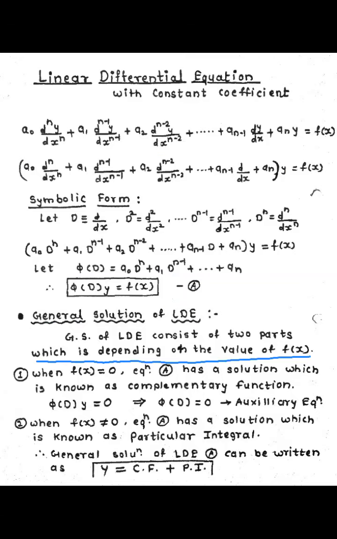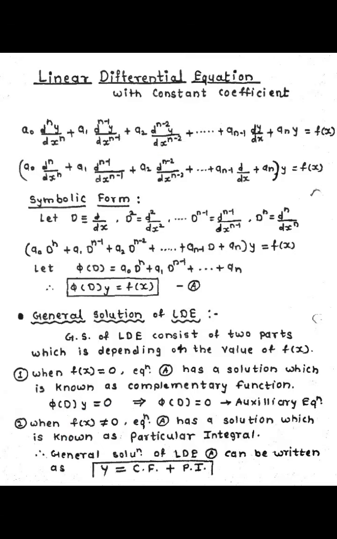There are two possibilities for f of x. It may be 0 or it may be not 0, that means it is some function value. Depending on these values of f of x, we will obtain two solutions.